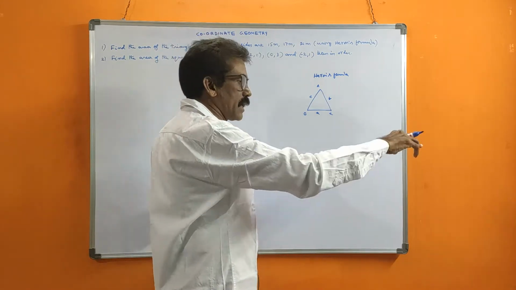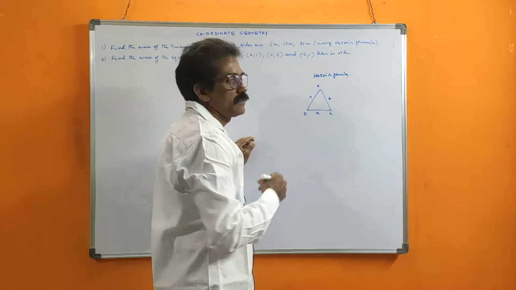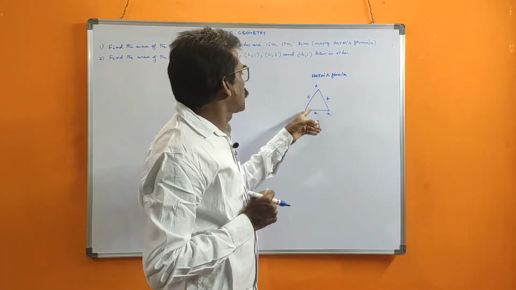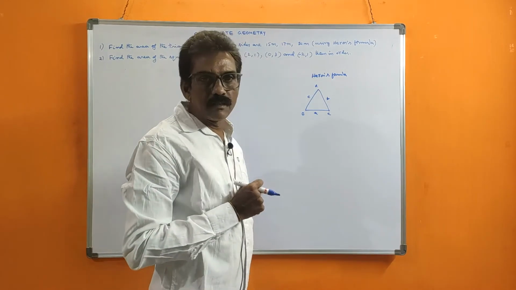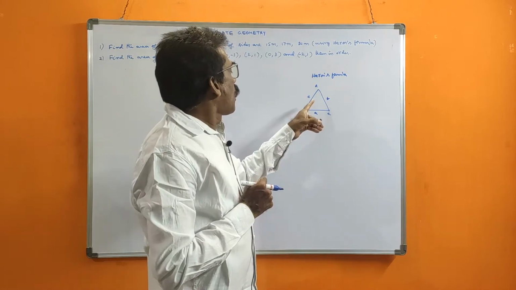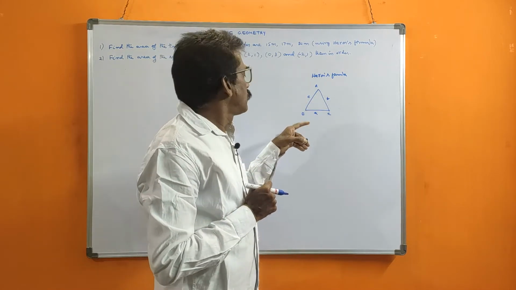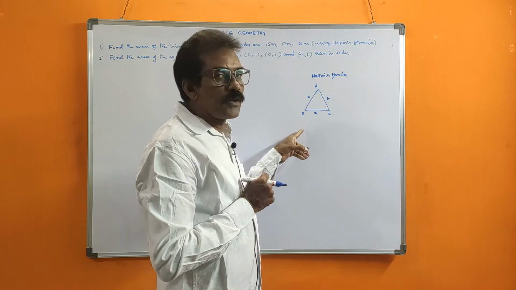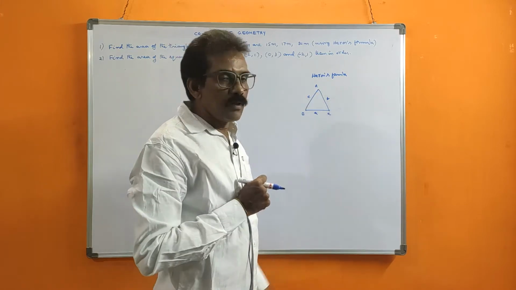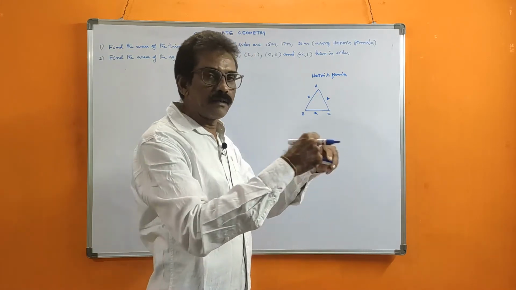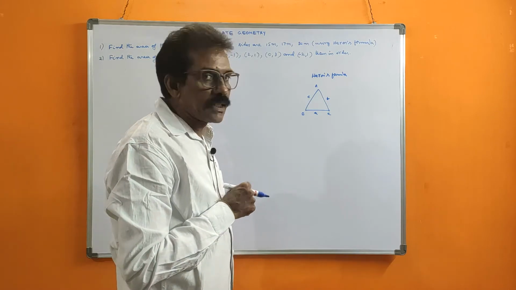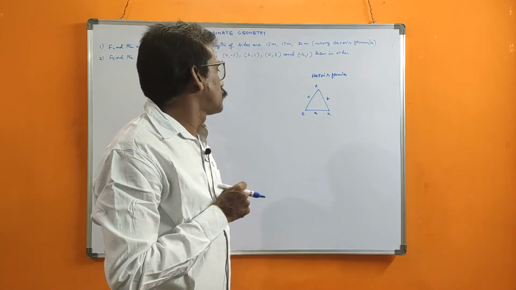Suppose this is an area on the land, in the shape of an irregular, scalene triangle. We cannot use half into b into h, because how can you draw a perpendicular on the land? In such cases, this formula is very useful.